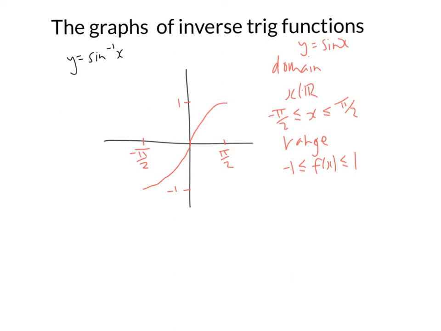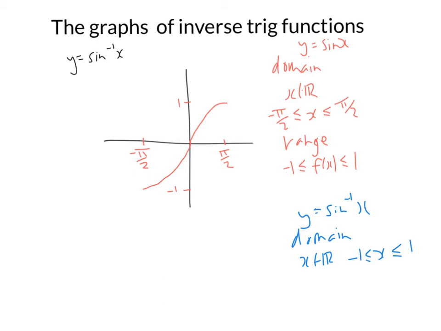So when we're trying to draw y equals sine inverse x, the domain will be x is an element of the reals, but x is between 1 and -1. So that was the range of sine x.